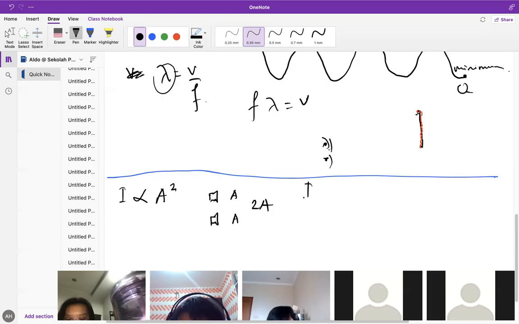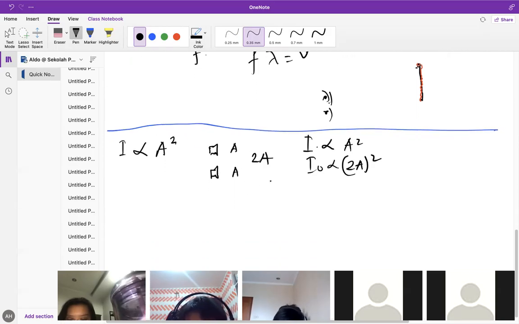Therefore, if I is proportional to A squared, then I0 is proportional to (2A) squared. Why (2A) squared? Because there are two loudspeakers.